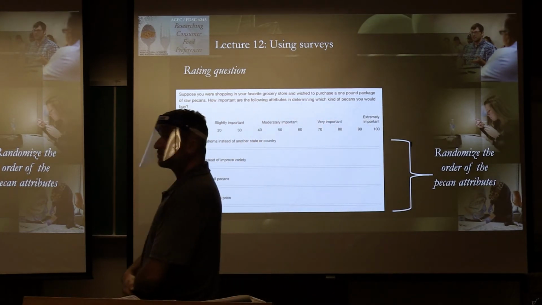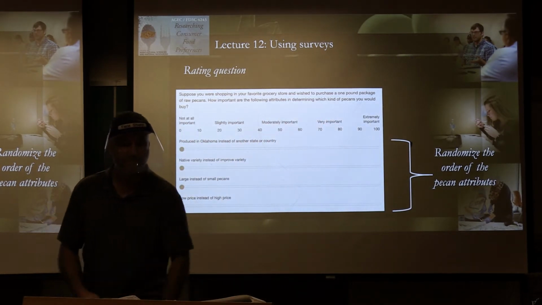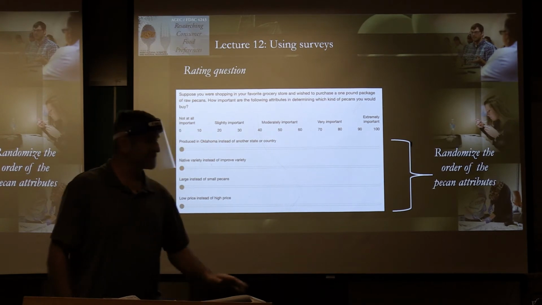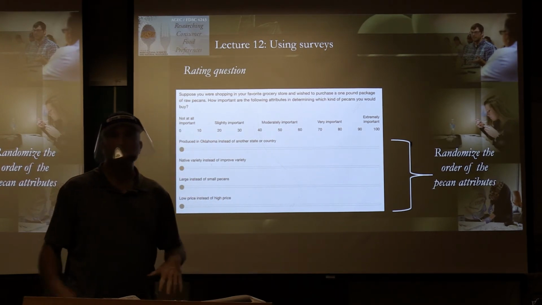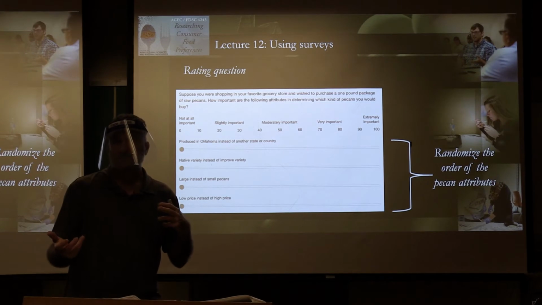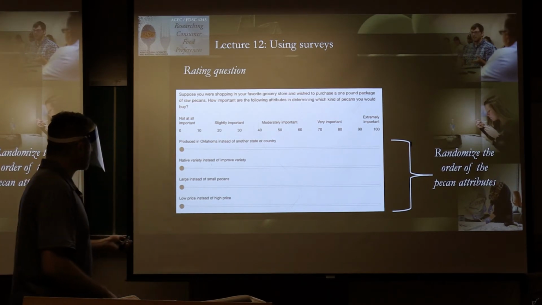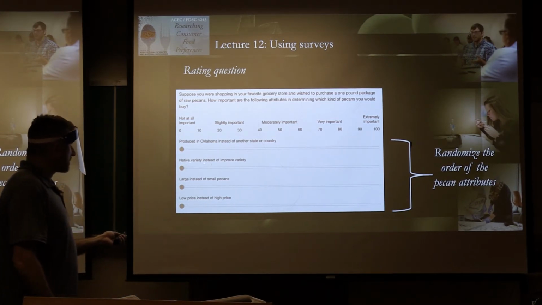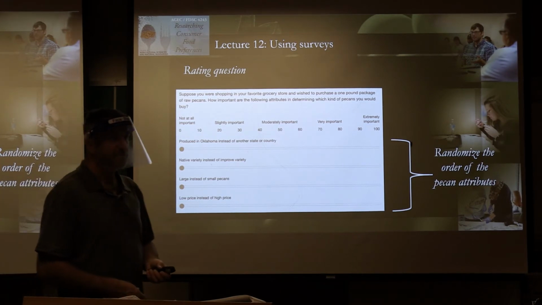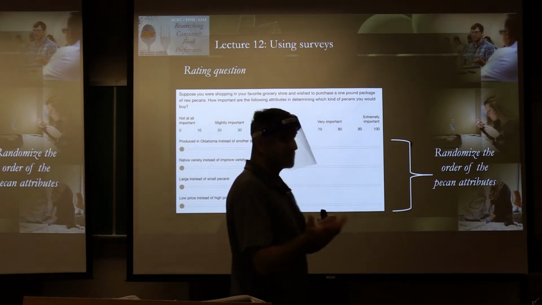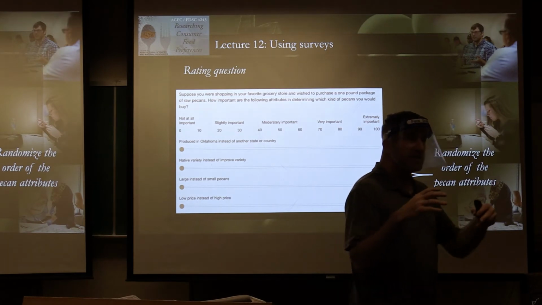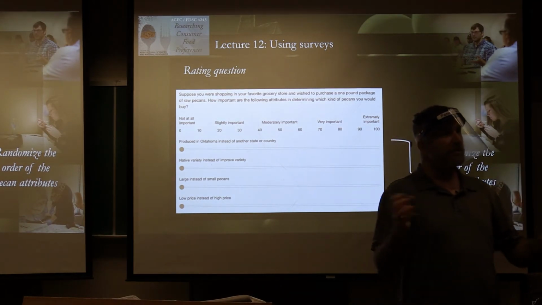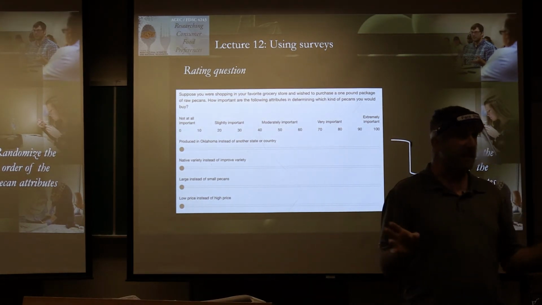And it's okay to do a question like that if, for some people, they answered this question, but for other people, they get a different question that says improved variety instead of native variety. And then when you combine the results, the other one biases it the other way, so with the sample as a whole, the two biases cancel out.